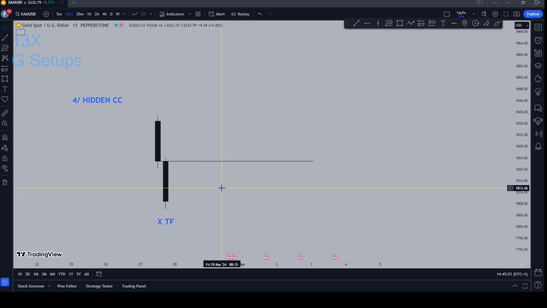When we go one time frame lower, what are we going to find? We are going to find the same thing, a fresh gap on the lower time frame.